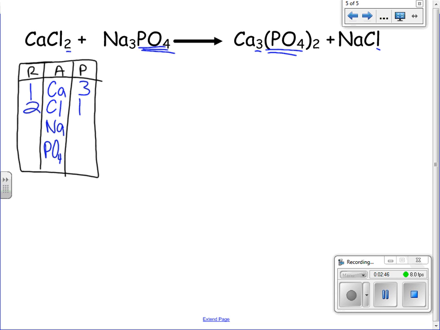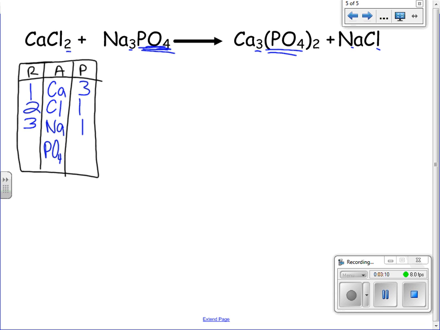With sodiums, we have Na3. That means we have 3 sodium atoms in our reactants. And then again, just Na in the products, so 1 sodium atom in the products. And then we're treating PO4 like it's just a single element atom, just like calcium or chlorine or sodium. And so we just see PO4 all by itself with no parentheses surrounding it in the reactants.